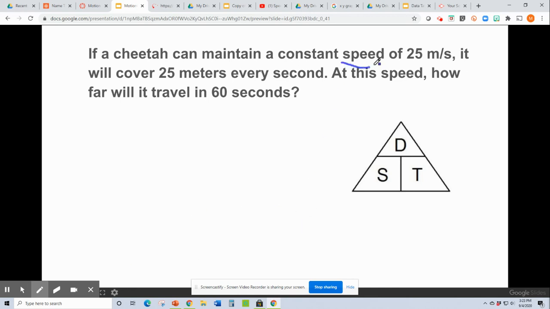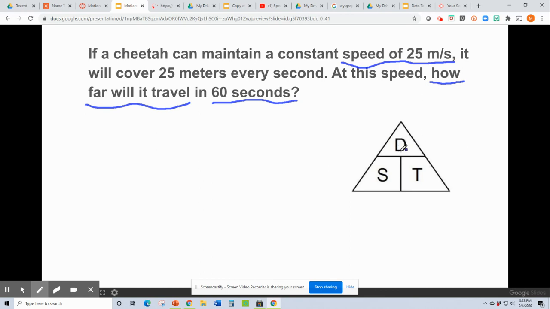I'm given a speed, 25 meters per second. How far will it travel in 60 seconds? So I have speed and I have time, and I'm being asked to solve for how far it will travel. Well, that's distance.